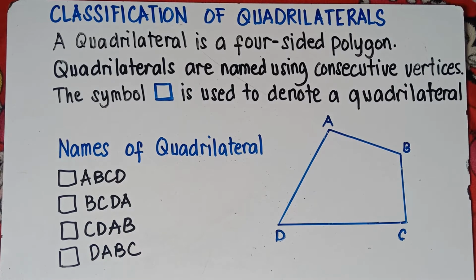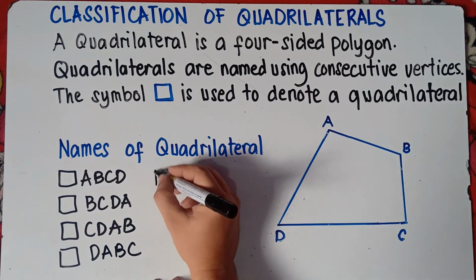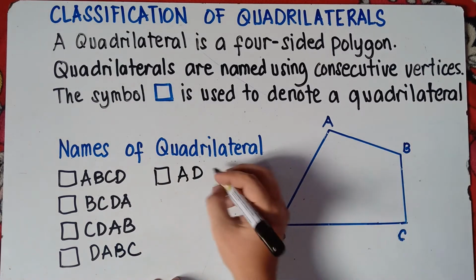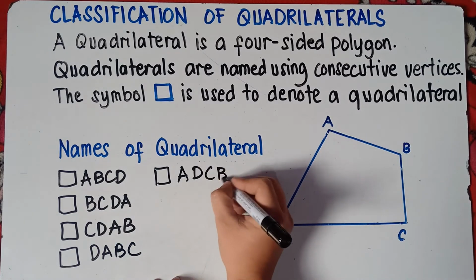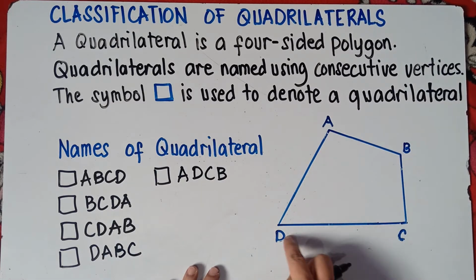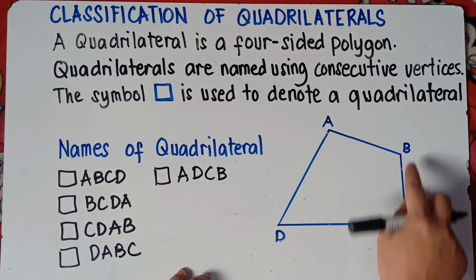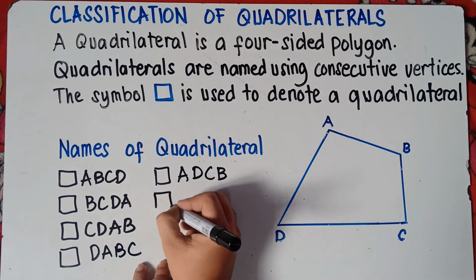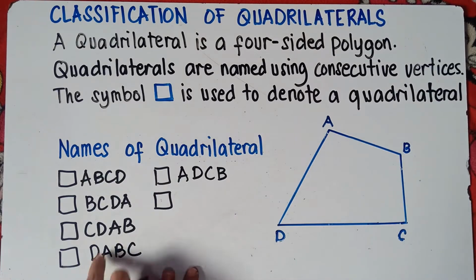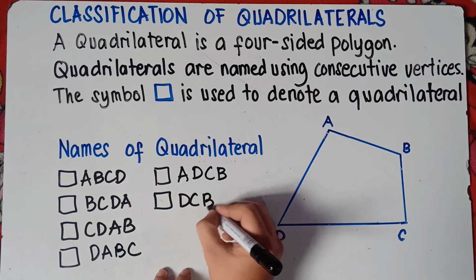What else, class? Yup, we can do it counterclockwise. So we can name this A, D, C, B. Once again, class, it should be consecutive vertices. We cannot name this A, C, D, B. Nope. What else, class? We can name this quadrilateral D, C, B, A. What else?